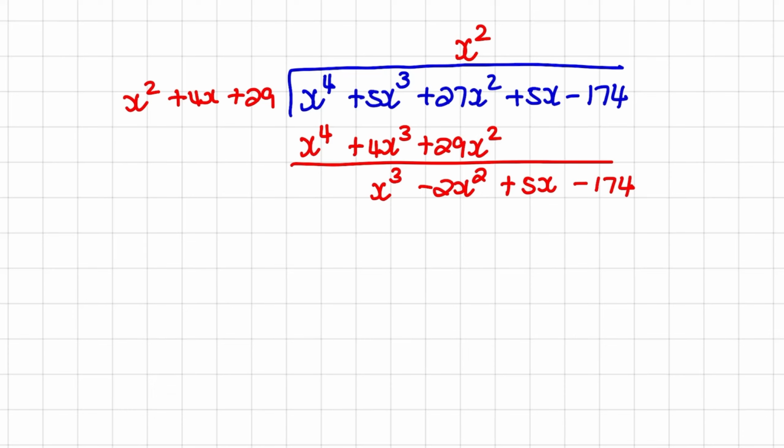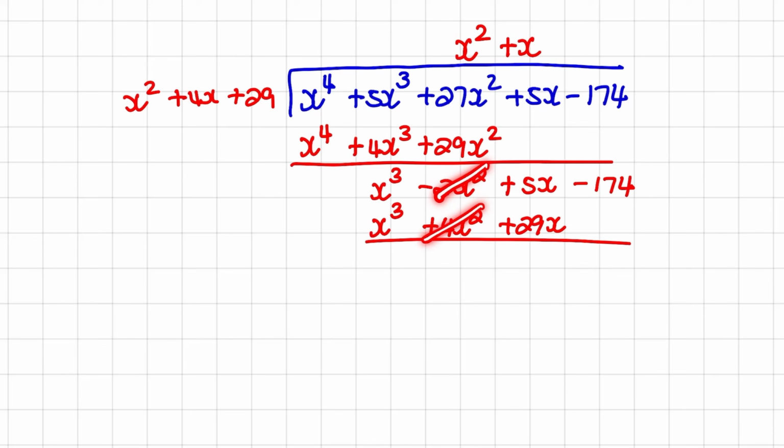So we divide x³ by x², and that is equal to positive x. And then I multiply positive x again with those three terms, which is x³ + 4x² + 29x. So again I would subtract, so x³ - x³ is 0, -2x² - 4x² is -6x², plus 5x - 29x is equal to -24x, and I bring down the -174.